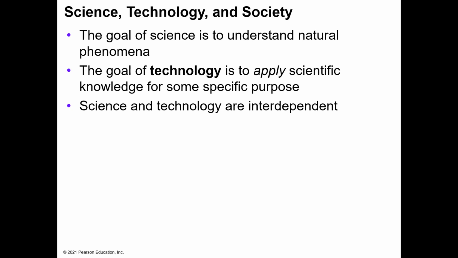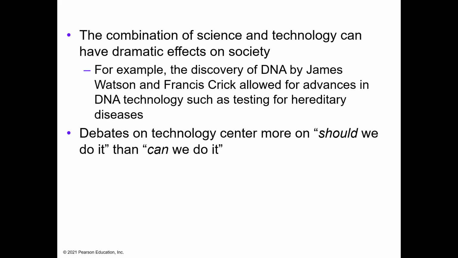New science can create new technology, and new technology can lead to the ability to answer new questions in science. For example, the discovery of the microscope, this new technology, allowed for the discovery of the microscopic world, which is arguably bigger than the macroscopic world. So new technology, new science, they're interdependent of each other.